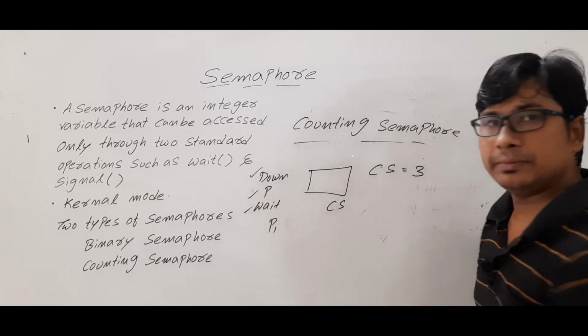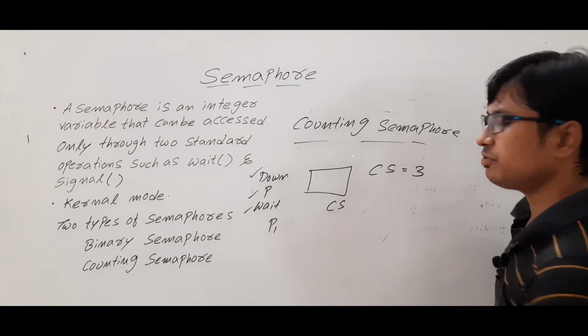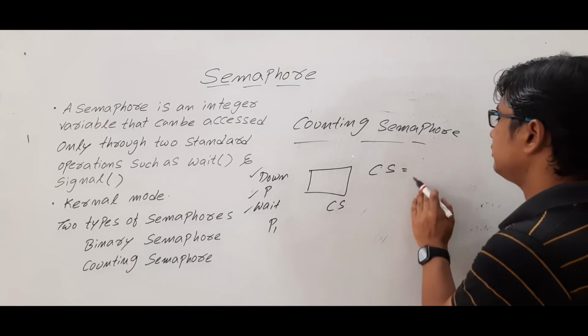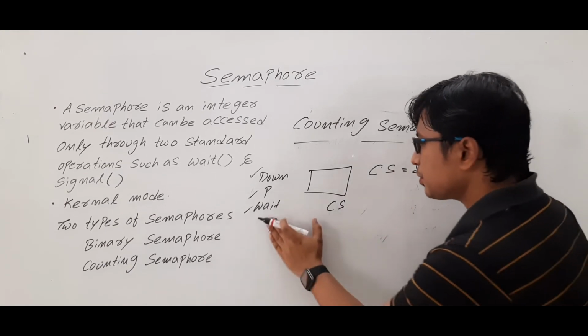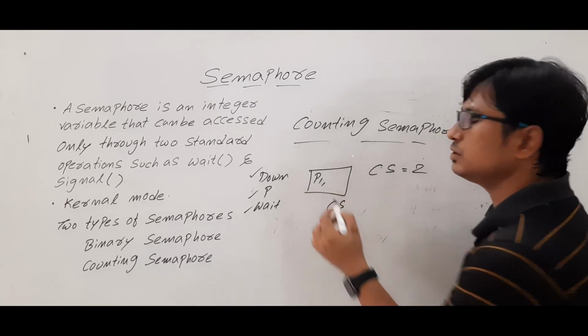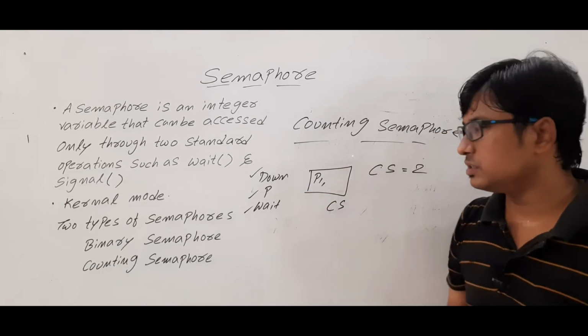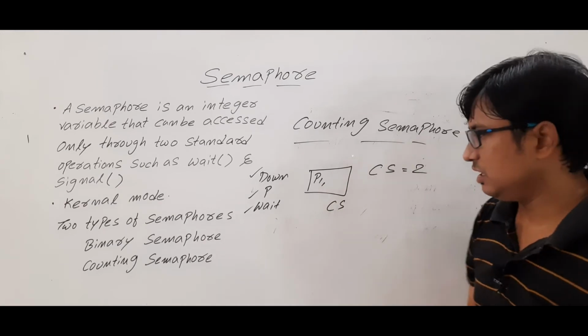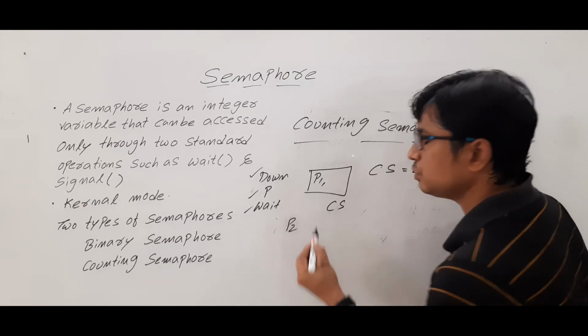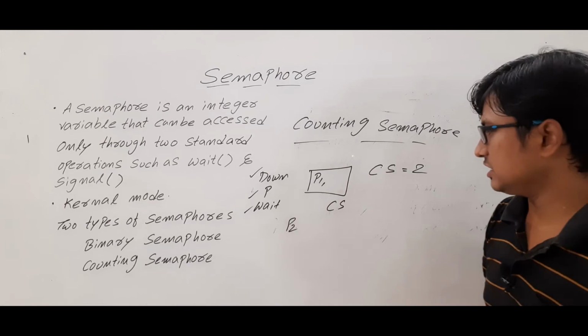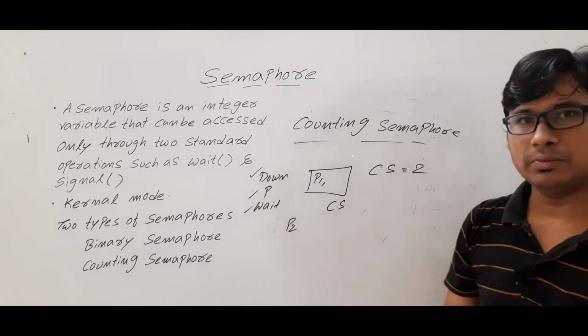Now what will be the counting semaphore value? It will become 2, and then process P1 enters the critical section. Meaning, now two more processes can enter the critical section. Now let's take that process P2 wants to enter the critical section. It will look at the counting semaphore value.